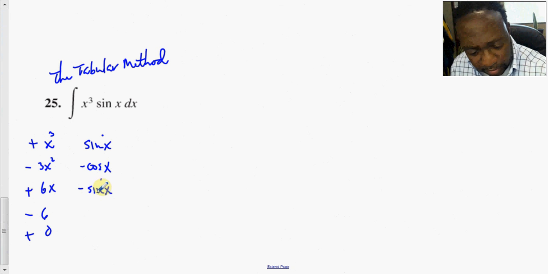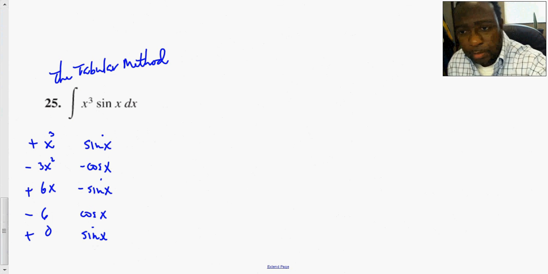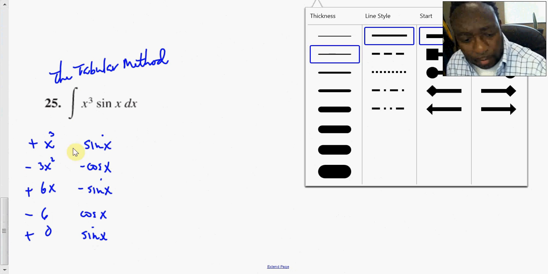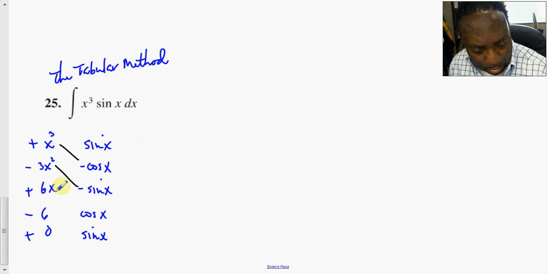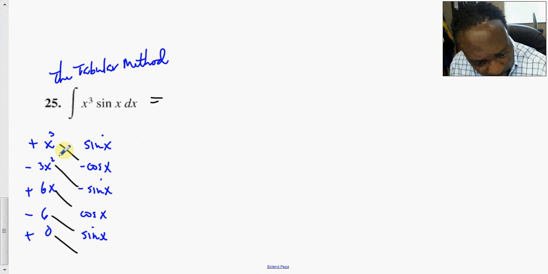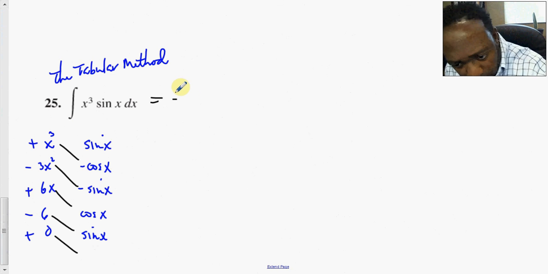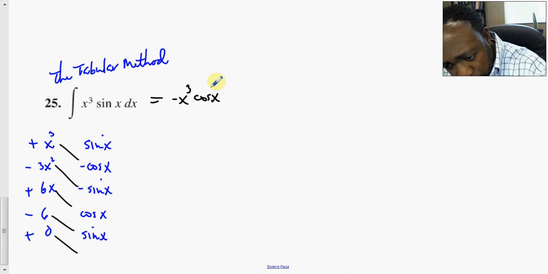The integral of negative sine is negative times the negative, so we get cosine x, and the integral of cosine is sine x. These go into alternation. Connect them. This is negative x to the third cosine x.